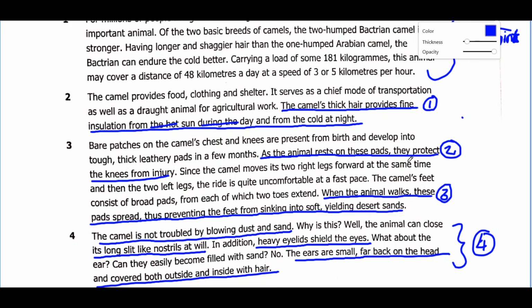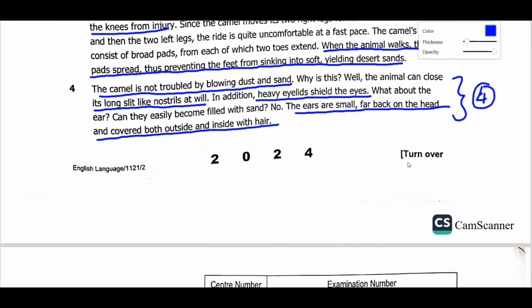And from, we're not going to repeat from, we'll just say cold night. So as we can see, we've summarized the first sentence. So in our writing, we'll just say the camel's thick hair provides fine insulation from sunny day and cold night. So let's write that point.